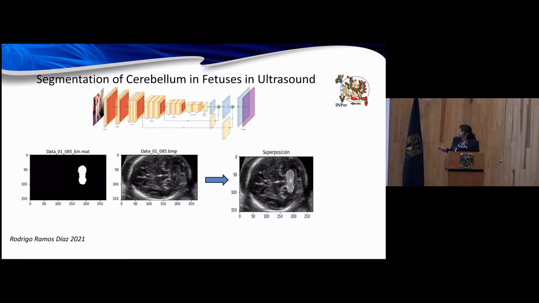Like, for example, here we were doing a segmentation of the cerebellum in fetuses, using ultrasound images, and you can see it here. Here is the cerebellum, and this is the binary mask provided by the clinician.